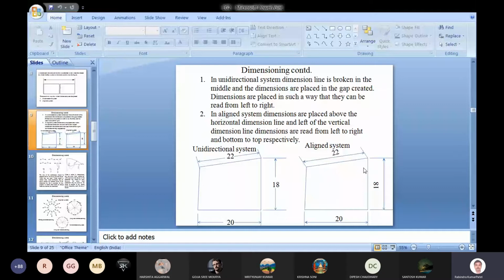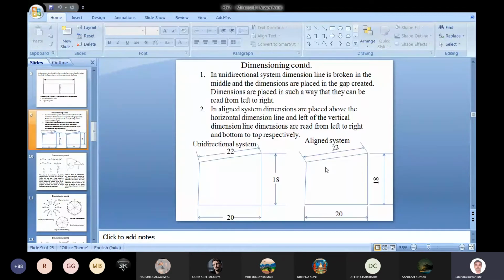So these are the ways of placing the dimensions, the unidirectional system and the aligned system. The aligned system is recommended for your use. The unidirectional system is used for big drawings, but the aligned system can be used for small drawings also.